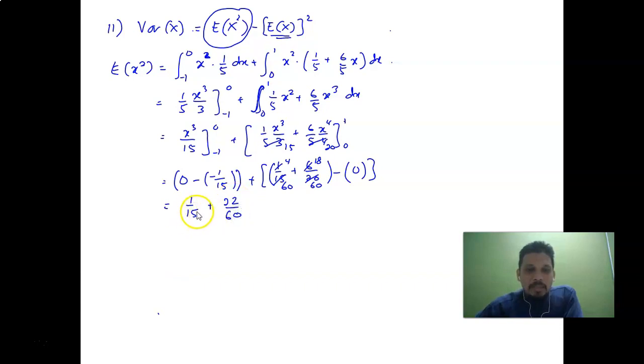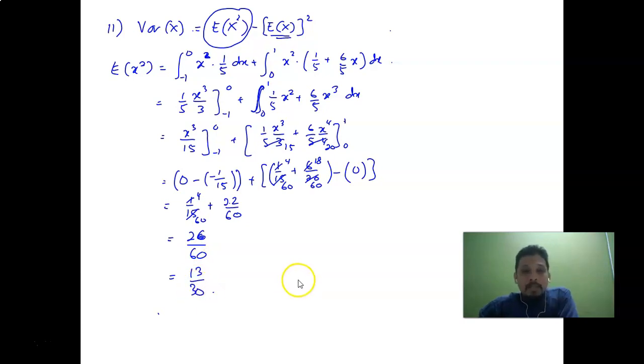So to equalize the denominator, 15 times 4 equals 60, 1 times 4 equals 4. So 22 plus 4 equals 26 divided by 60. Okay, 26 divided by 60, divide by 2. Divided by 2 equals 13, and 60 divided by 2 equals 30.